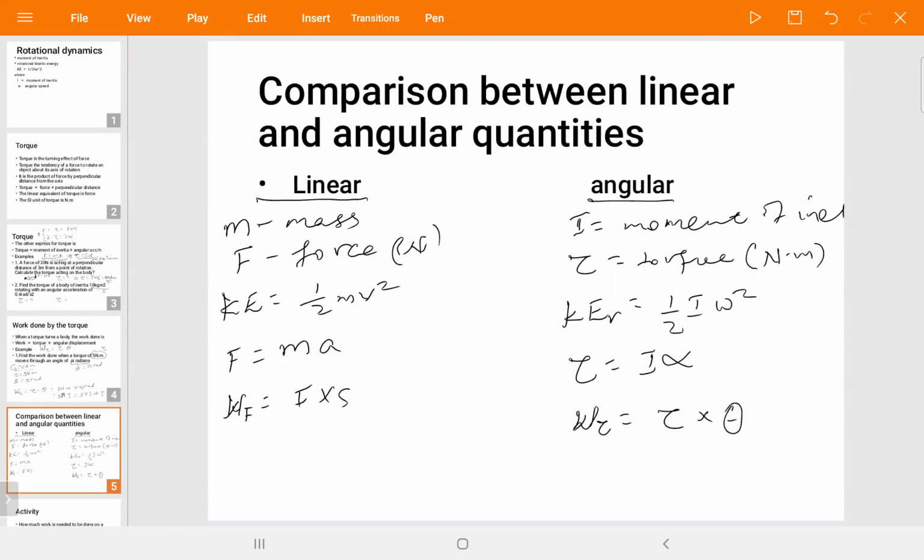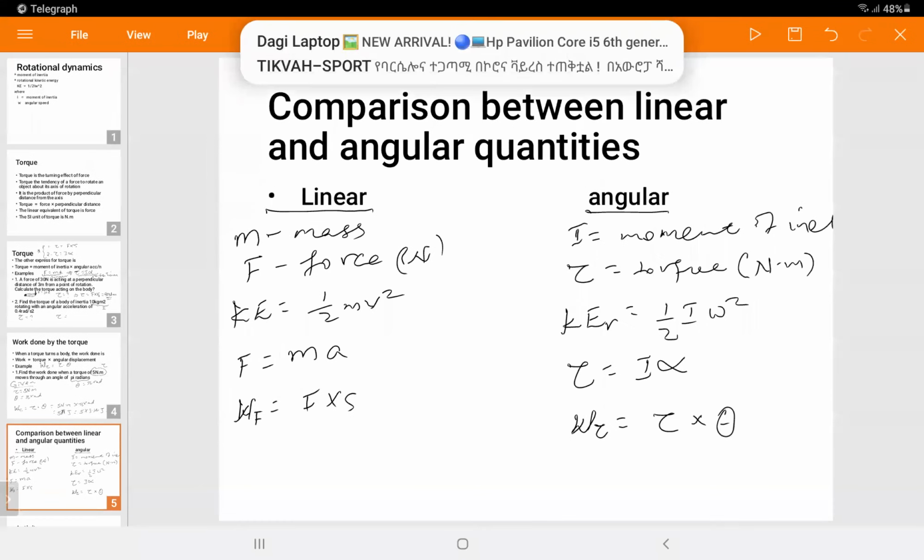These are the possible angular quantities listed at the right side, but not only these. There are a number of equivalent quantities, but these are the basic ones. For mass we have moment of inertia, and for force we have torque with the same concept.